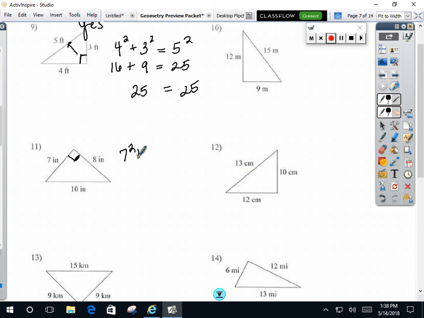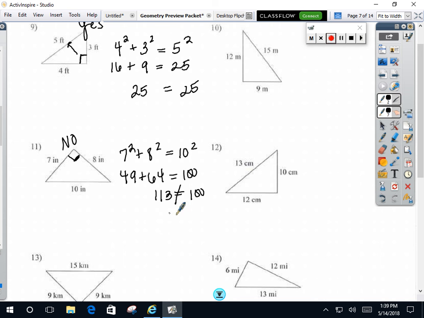So 7 squared plus 8 squared equals 10 squared. What is 7 squared? What is 8 squared? And what is 10 squared? What is 49 plus 64? And then those numbers are not equal, right? So this is no, it's not a right triangle.